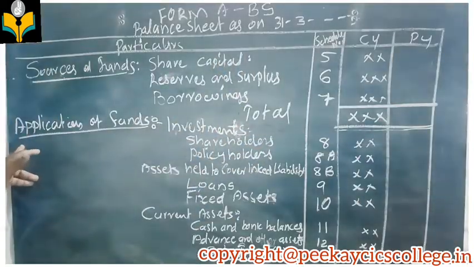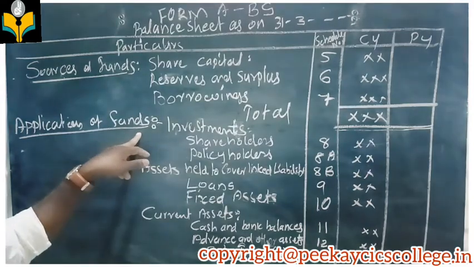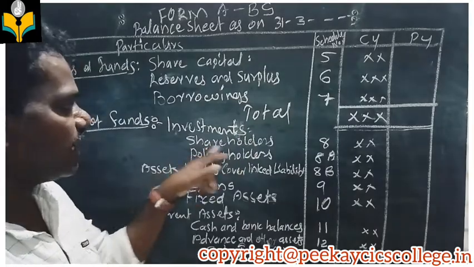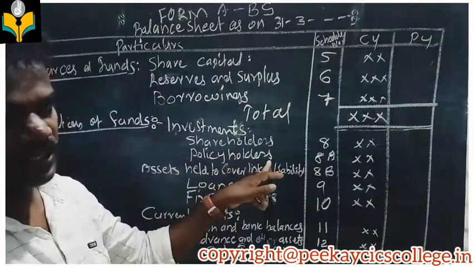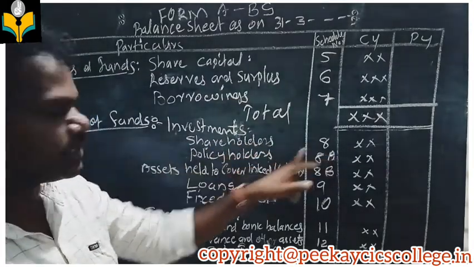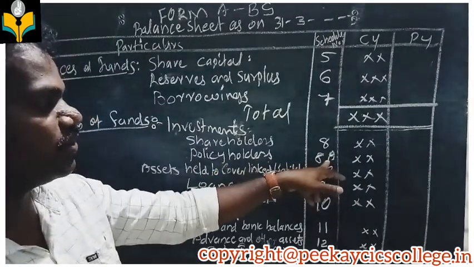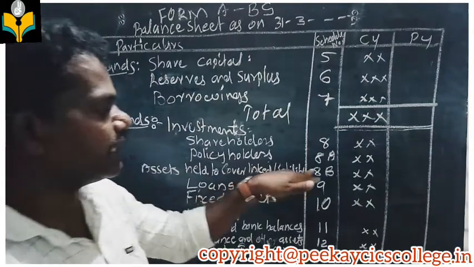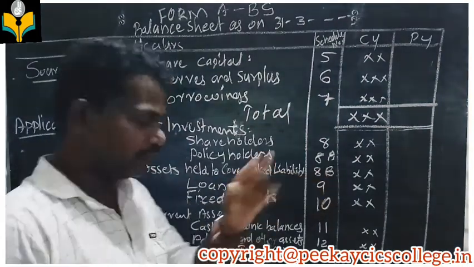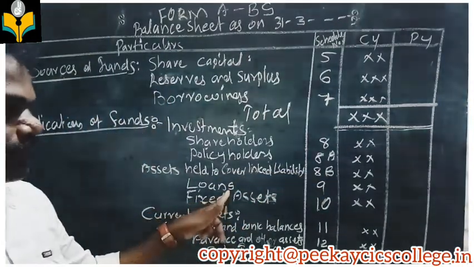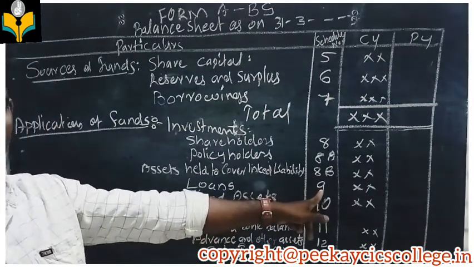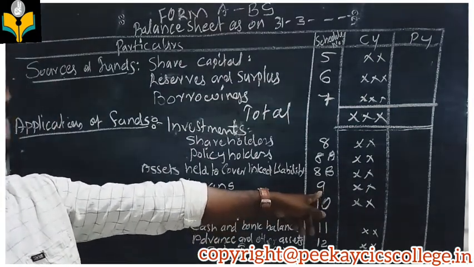Then second part, application of funds. First one, investment: shareholders investment and policy holders investment. Shareholders, schedule number 8. Then policy holders, schedule number 8A. Then assets held to cover linked liabilities, 8B. Loans, that means long-term loans provided by an insurance company to the policy holders.